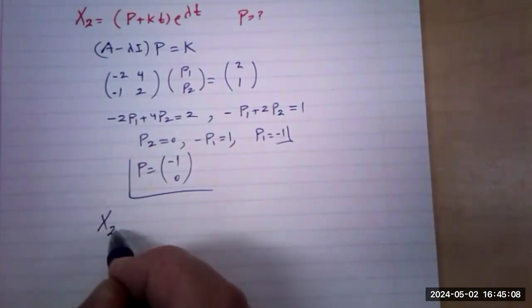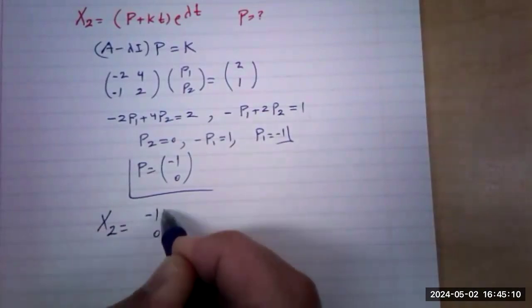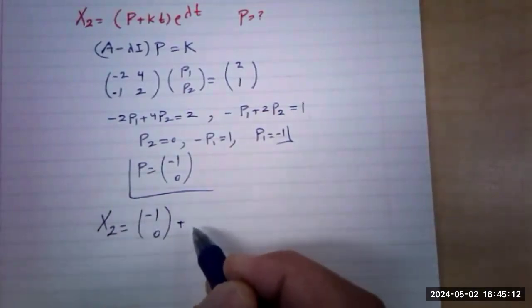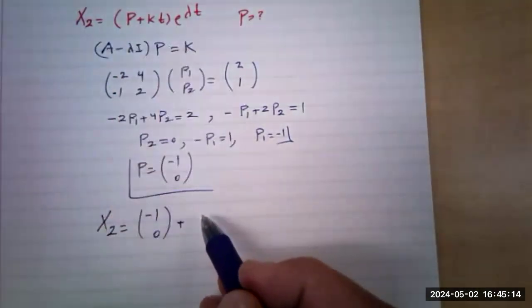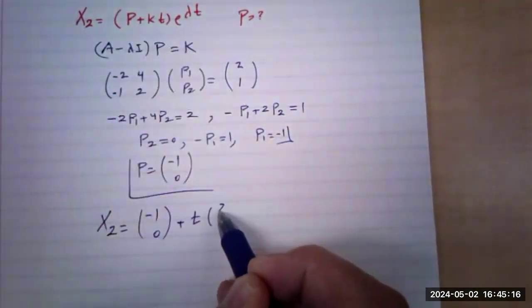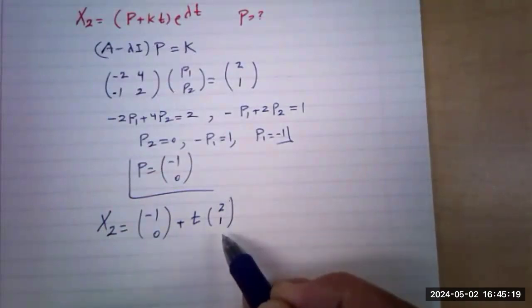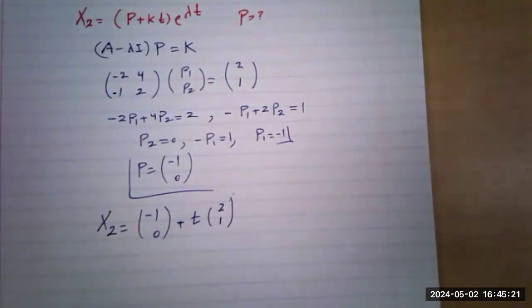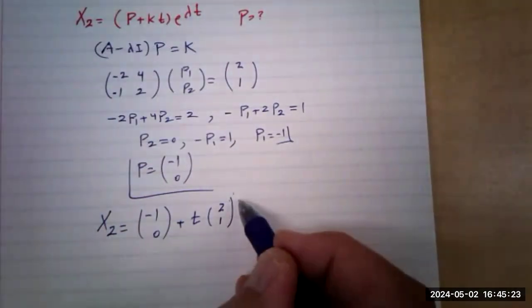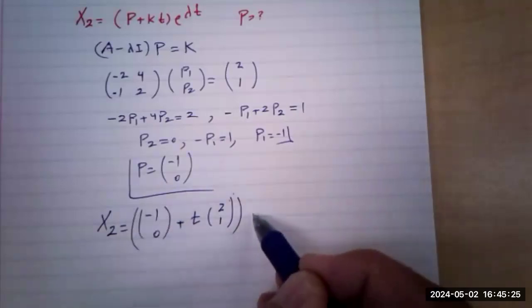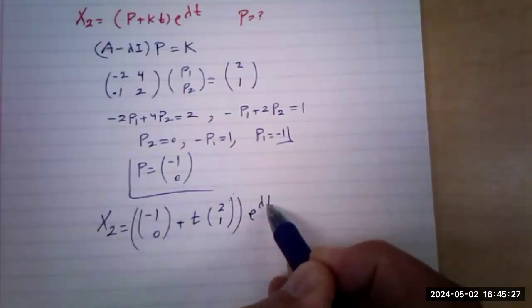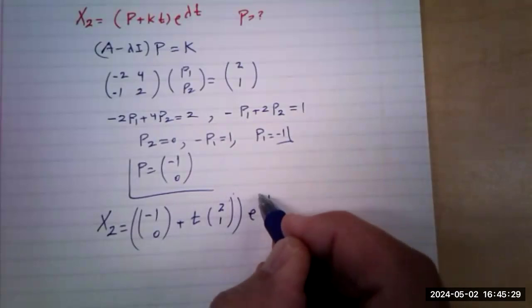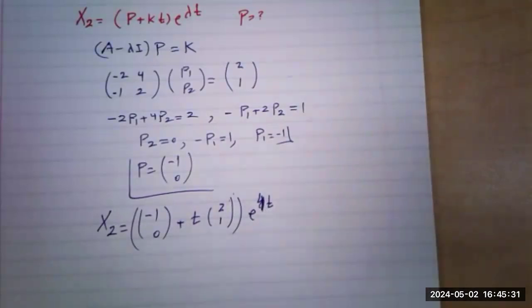So the second solution is going to be P, which is (negative 1, 0), plus Kt, which is t times (2, 1), and all of them multiplied by e to the λt, e^(4t). I just checked it: (negative 1, 0) plus t times (2, 1), times e^(λt).